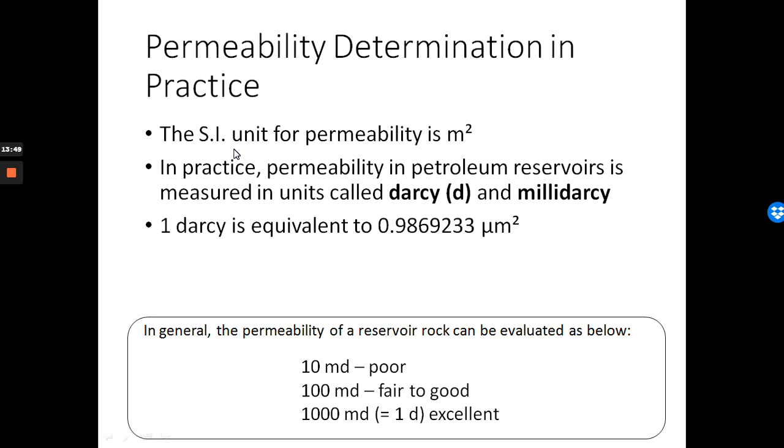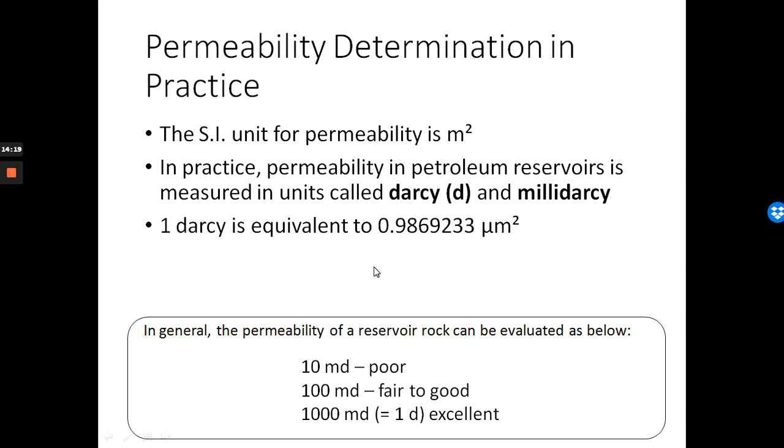So the SI unit for permeability using Darcy's equation is meter squared. But in practice, I'll give you an example in petroleum. In petroleum reservoirs, we use another kind of unit, which is a practical unit called the Darcy or millidarcy. So 1 Darcy is equivalent to 0.9869233 micrometer squared, almost 1 micrometer squared.